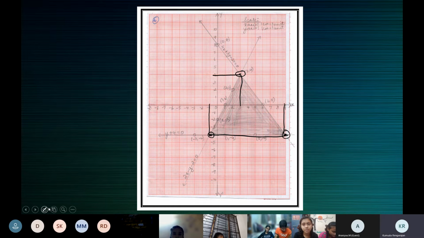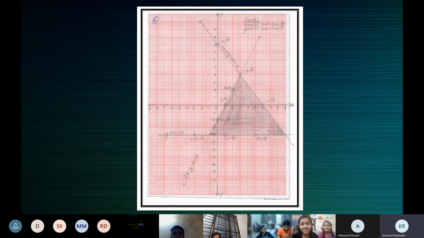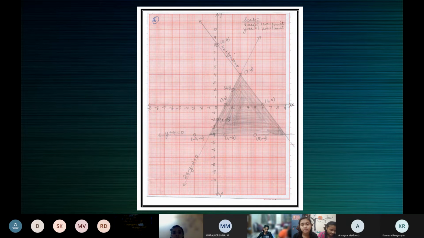Do you understand the triangle to be shaded, Harini? Yes, ma'am. Okay. Do you agree with the triangle which I have shaded here? Yes, ma'am.